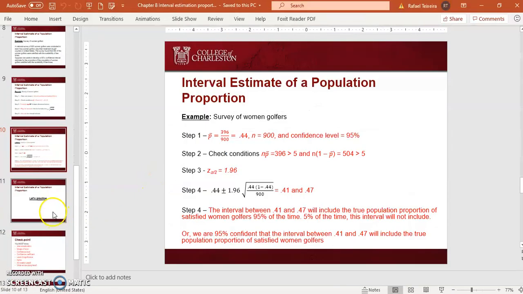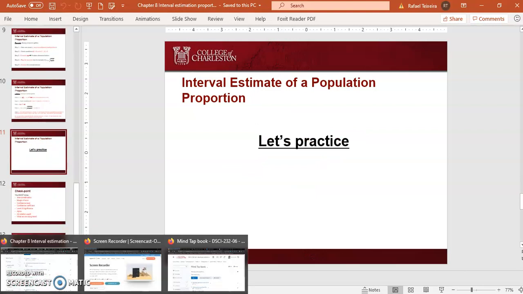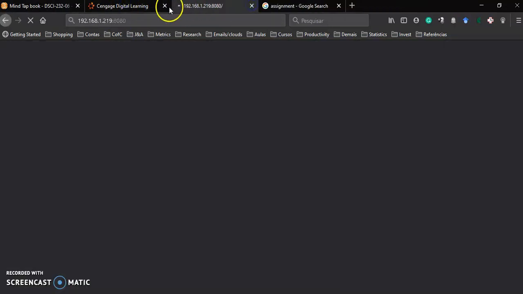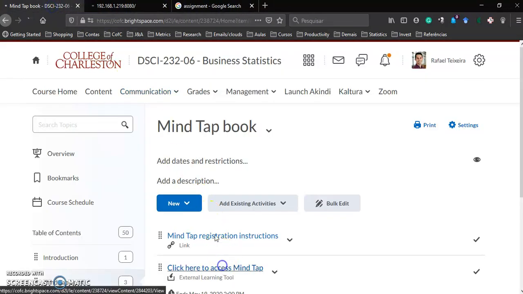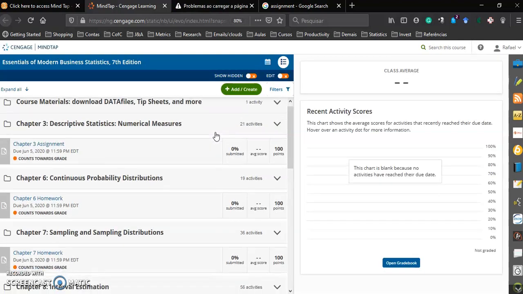Let's see, you can practice. Let me go to our book, MindTap. Let's access MindTap. I want to show you how to find some problems to work on, just to help you find other resources and give some incentive for you to look for them.